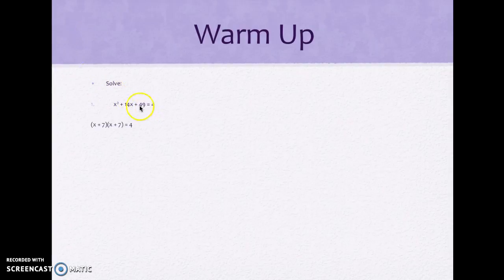So we go ahead and we see that 49 is a perfect square. So the square root of 49 equals 7, and we know that 7 plus 7 equals 14.